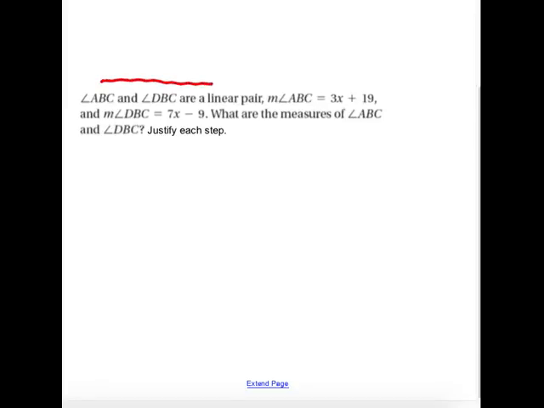I know B is in the middle of both of these, so that has to be the vertex, and then from there I'm just going to fill in. So I got angle ABC and angle DBC. I already got BC, so D has to go over here. Okay? And we'll make this colorful. ABC is green, and DBC blue.